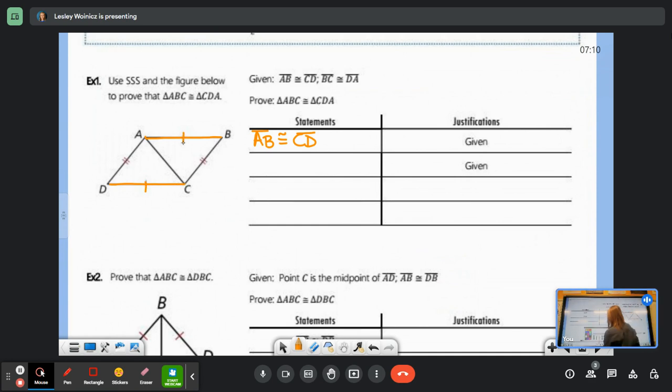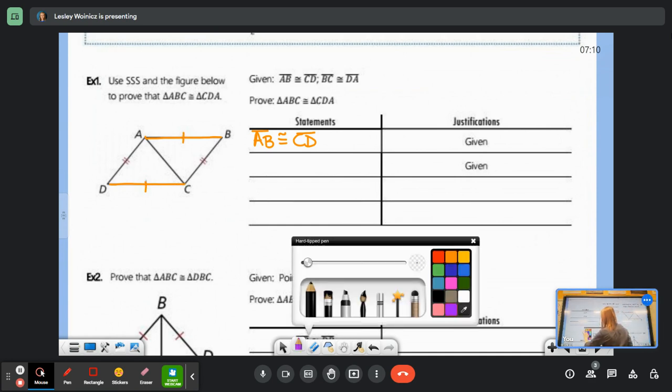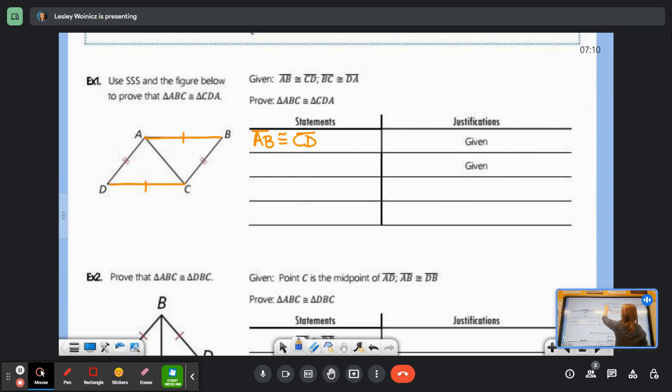We also know that segment BC is congruent to segment DA. Here's DA, here's BC. We just need one more side. Now, fortunately, these two triangles share a side.